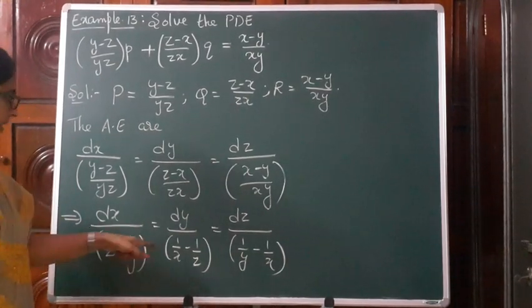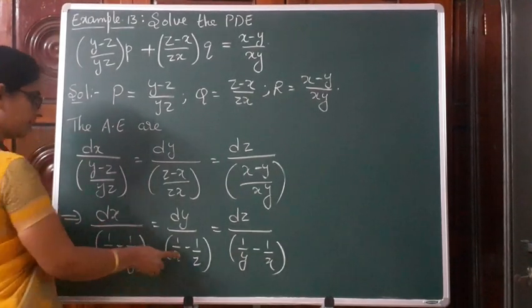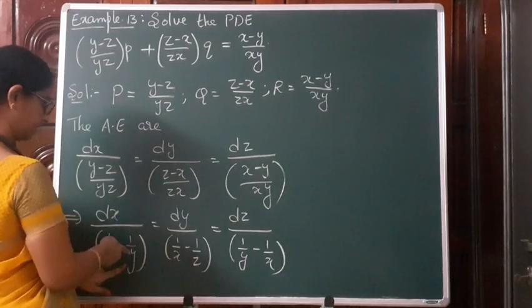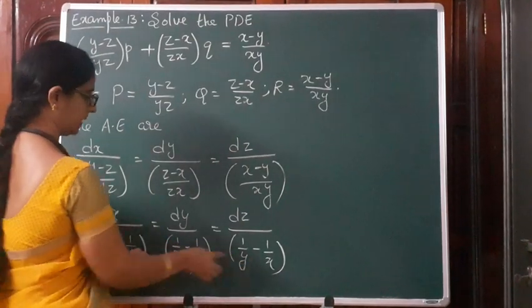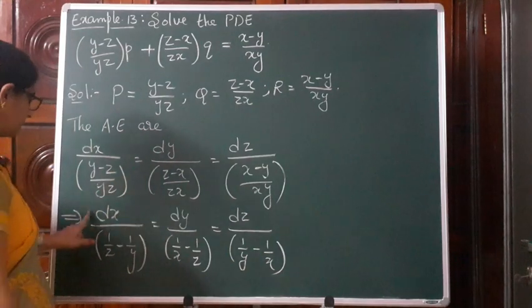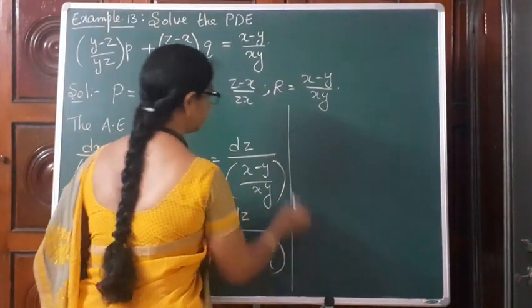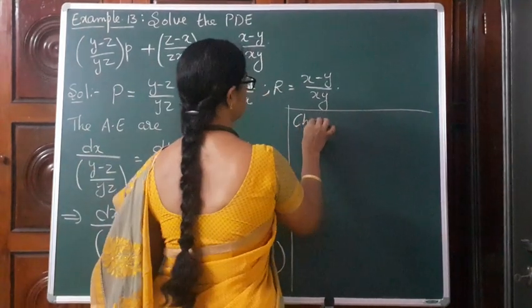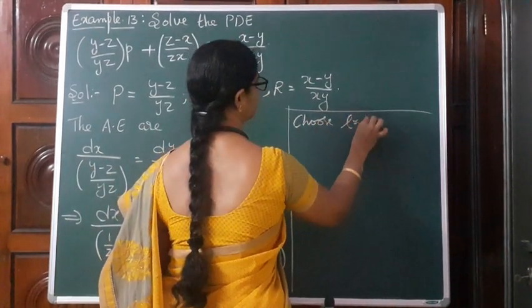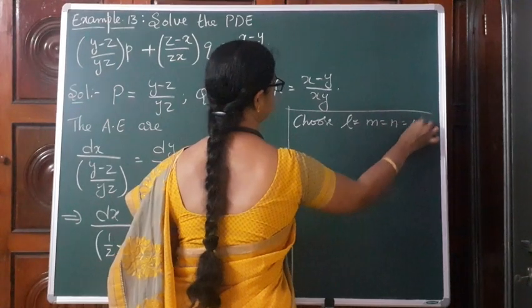Now it will be easy for us to find the multipliers. So what multipliers can we take here? It is very simple. You have 1 by z minus 1 by z, minus 1 by y plus 1 by y, 1 by x minus 1 by x. So if we take multipliers as 1, 1, 1, we get one solution. Let us choose L equals M equals N equals 1.